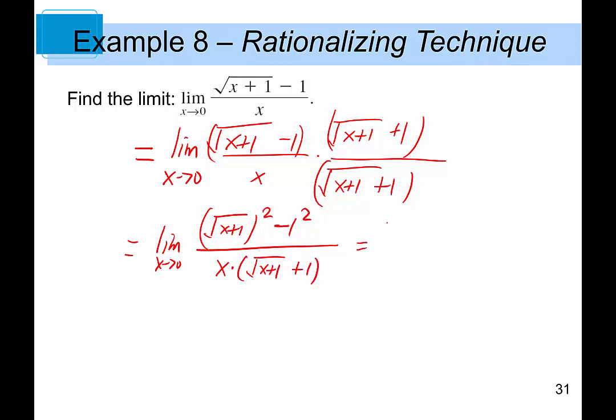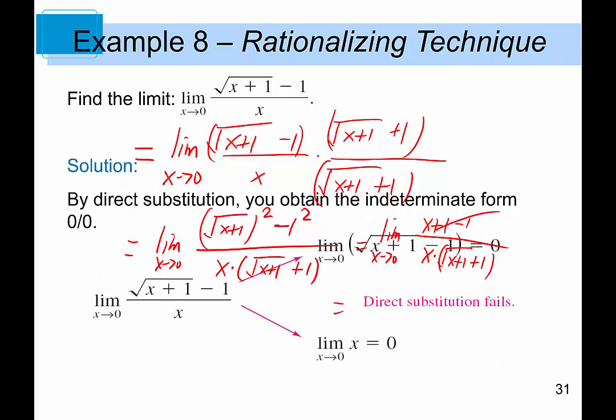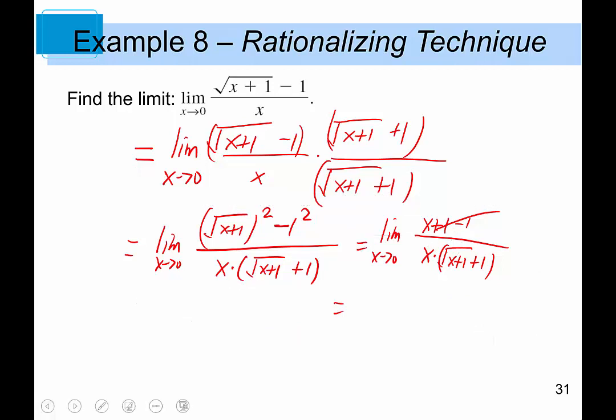Now the numerator becomes x plus 1 minus 1. The denominator stays as is. We cancel 1. Now you can cancel the x, right?